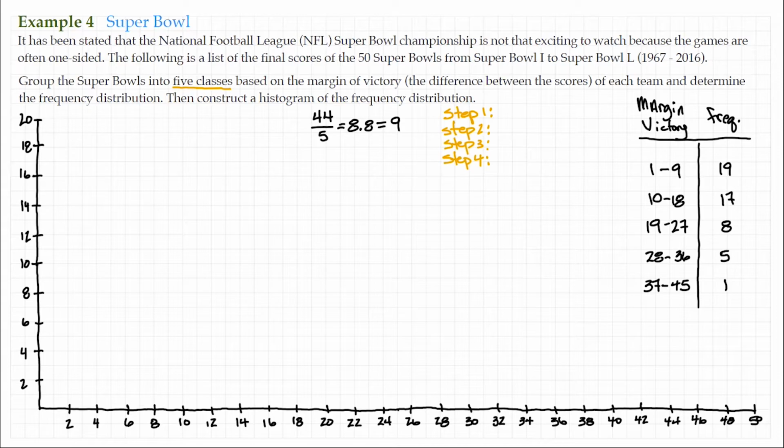Now all we have to do is read our margins of victory here, read our classes here, and put in our frequency. So the span from 1 to 10, that's going to be 19. So I'm just going to go ahead and go all the way up to 19 here.